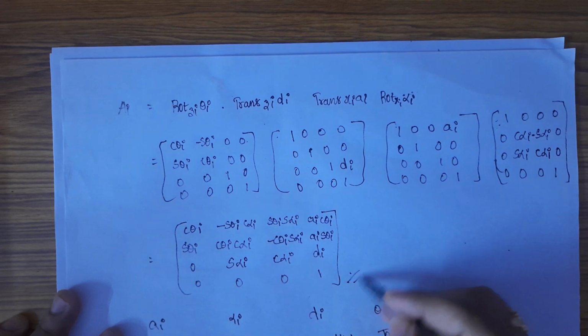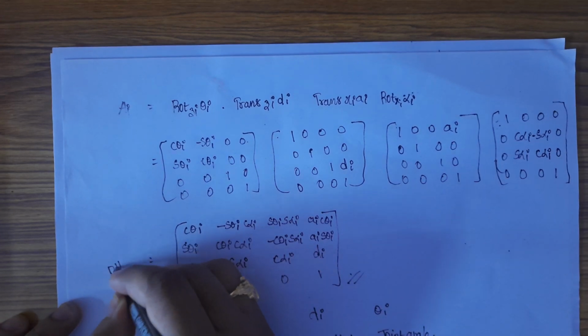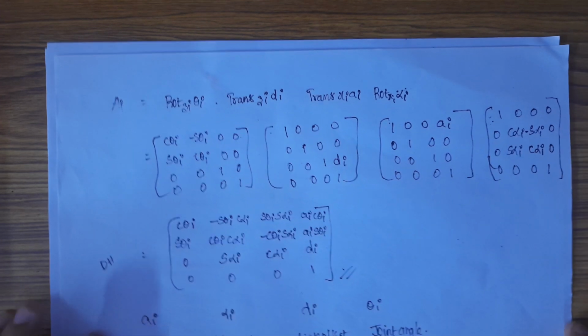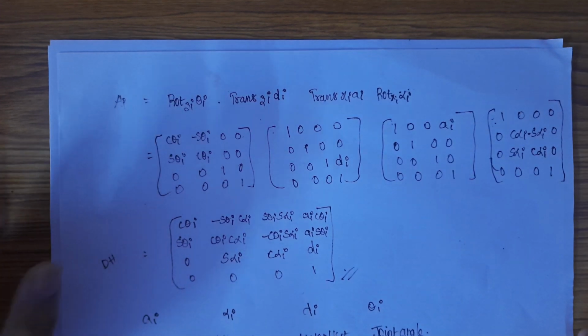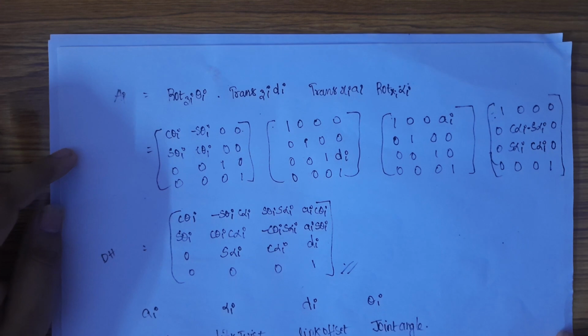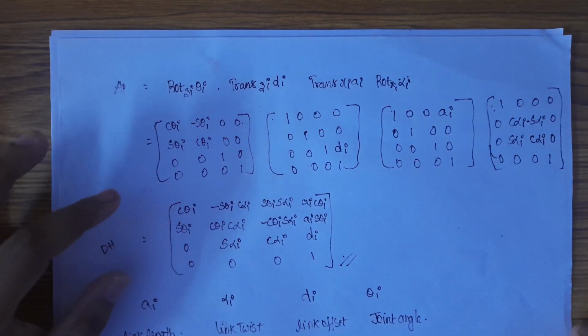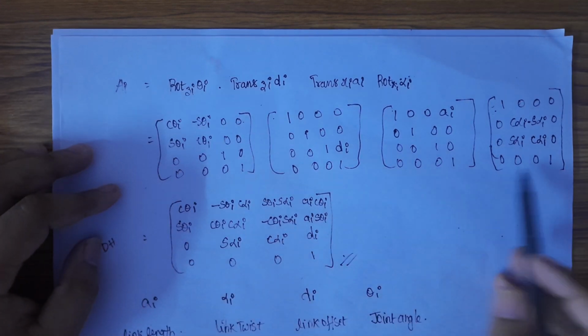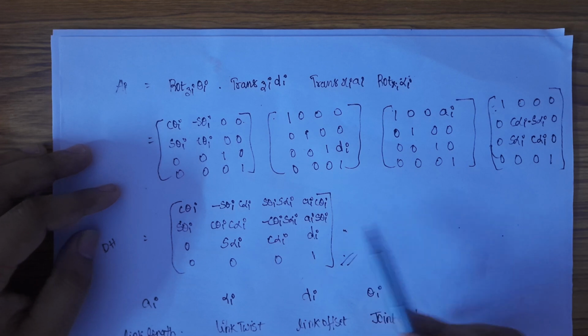So this is the final DH transformation that I have got, and we are going to use it in the problems. Just try to do the calculation on your own so that you will get a better idea.